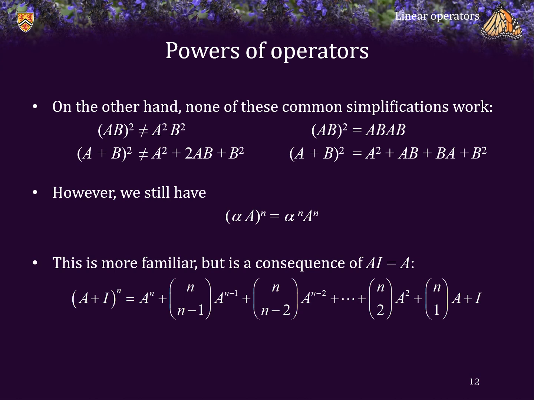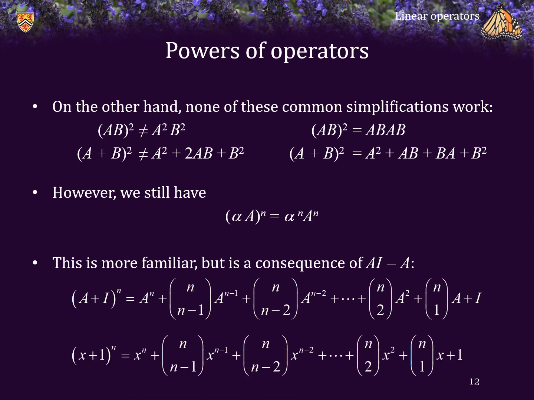Now, if this does not look familiar, I'd ask you to consider this polynomial expansion of x plus 1 raised to the power n. As you can see, all of the multipliers are the same. The only difference is that we have replaced the variable x with an operator a, and we have replaced the trailing 1 with the identity operator.